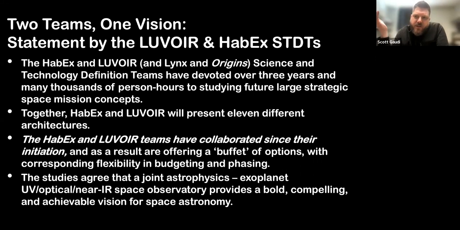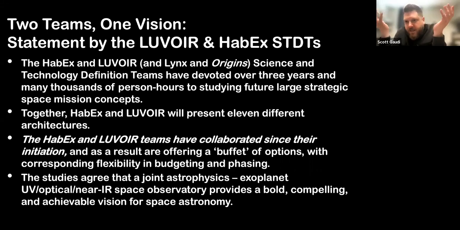Together, these 2 mission concept studies presented 11 different architectures. The idea was to provide a buffet of options to the Decadal Survey, understanding that they weren't going to pick any one of these individual architectures, but some notional thing somewhere in between. And we really wanted that decision to be as well informed as possible.